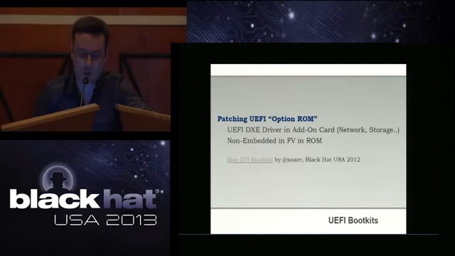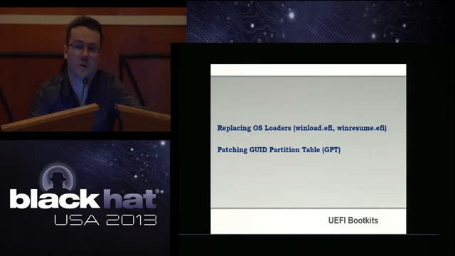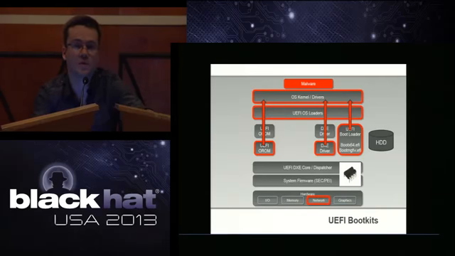There are some additional options. For example, the exploit could replace the OS loaders, WinLoad, WinResume. It's a little bit further up the load chain, so that might not be that attractive. Or the exploit could patch the GUID partition table, GPT, on a hard drive. So there are multiple options for bootkits to get installed.